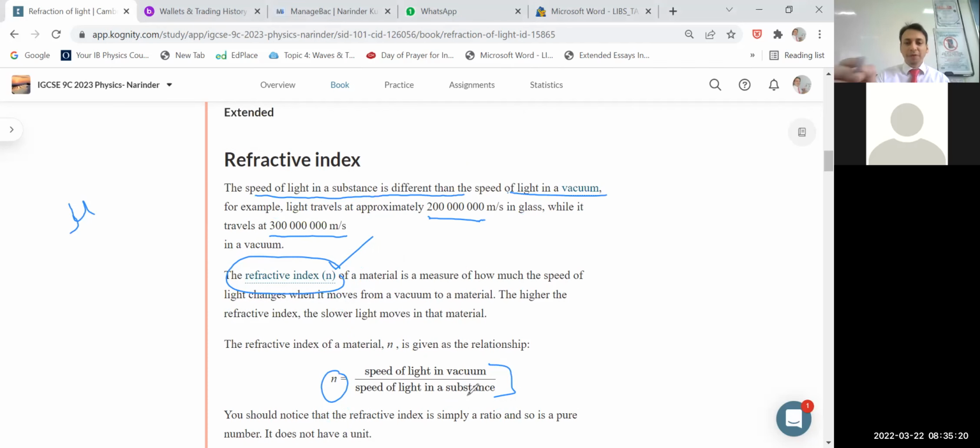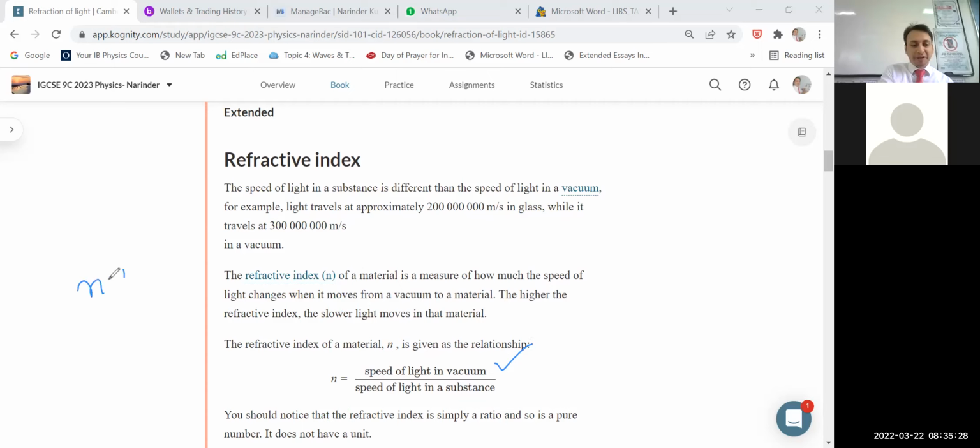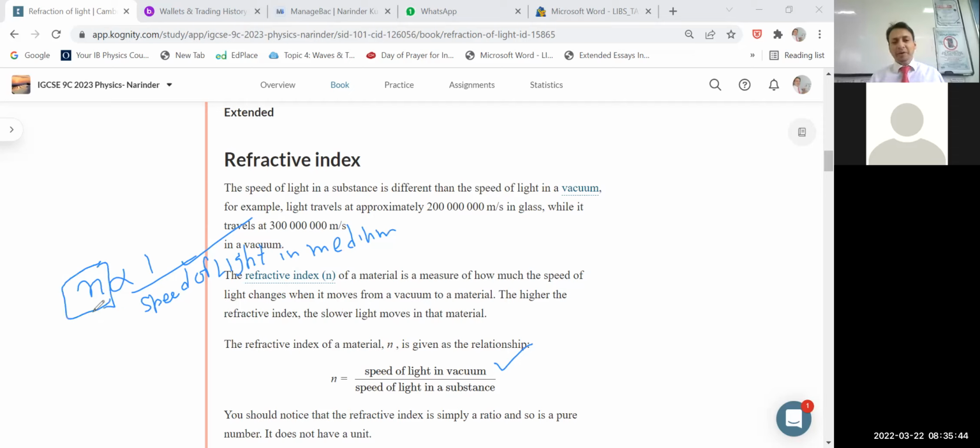Now, if you have seen carefully, the speed of light in vacuum is a constant term. So refractive index is basically inversely proportional to the speed of light in a certain medium. So what is this n here?